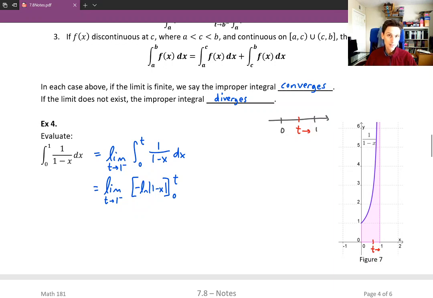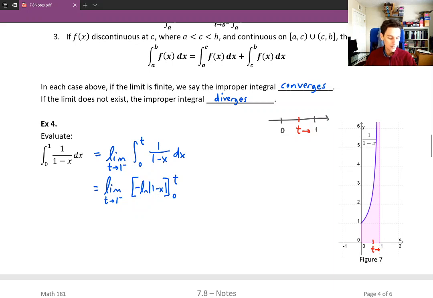Basically, it's coming from the chain rule, or a u substitution, you can think. So let u equal 1 minus x. The du will be negative dx. And that negative 1 coefficient in front of the dx, when you divide it over, gives you a negative in front of the du. So that's where that extra negative is coming from. Or you can think in reverse, it comes from the chain rule.